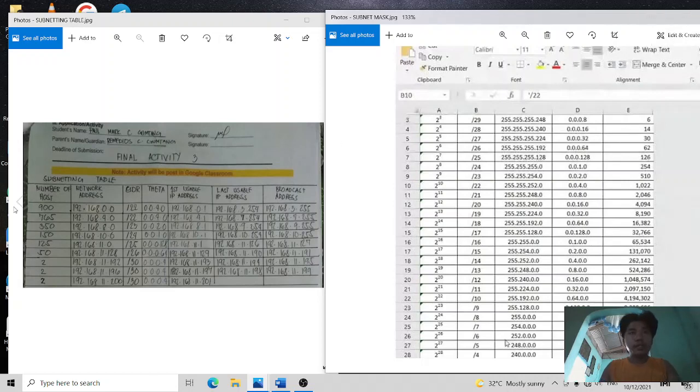For 192.168.4.0, it equals 192.168.3.255.